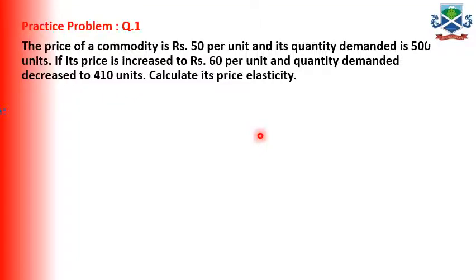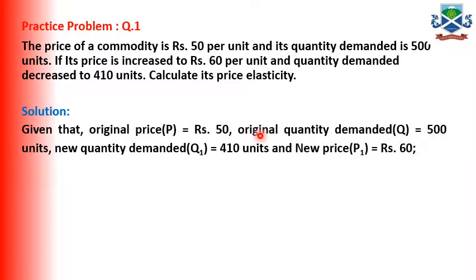So we have original price. We'll just note down this point. Original price, that is P, is equal to 50, and original quantity demand is 500 units. New demand, that is Q1, is 410 when the price is increased to 60.